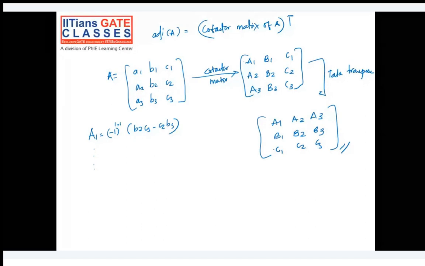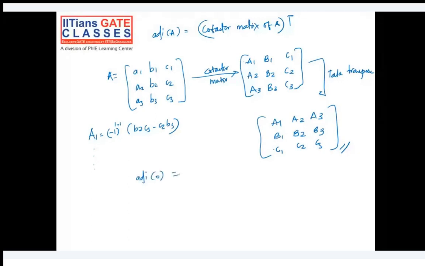What is the adjoint of the zero matrix? 0. Yes. What is the adjoint of the identity matrix? Identity, sir. Yes, correct. Identity matrix itself. This also you should know. What is the adjoint of matrix A into B?